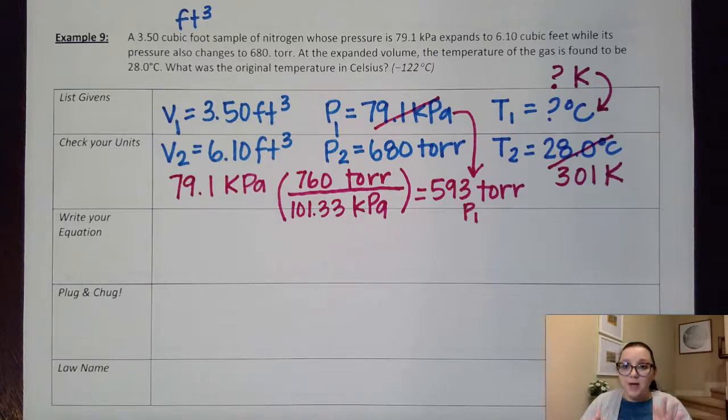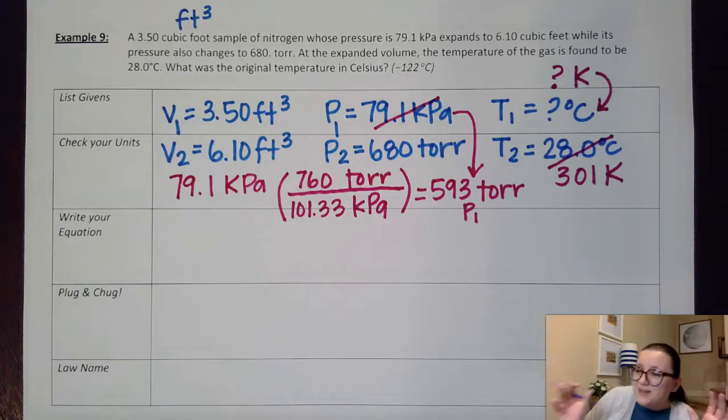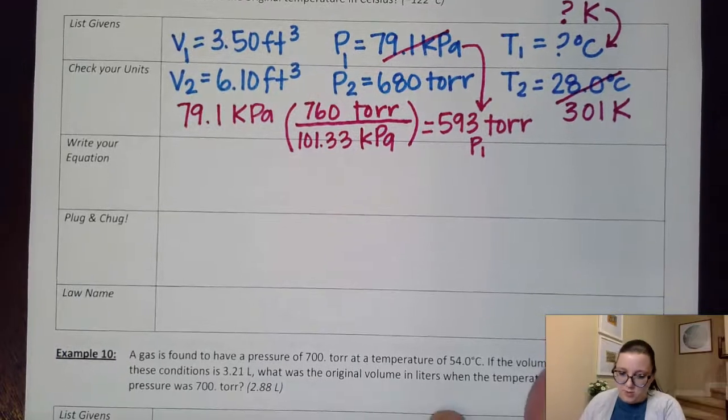So keep in mind, even if it wants the answer in Celsius, you must convert into Kelvin. You have to do the problem in Kelvin. I can't stress that enough. Be very careful on that. I see people mess that up all the time and then get the wrong answer and they're like, but I did it right. And I'm like, no, you didn't. So just be really careful. All right, so now let's write our equation.